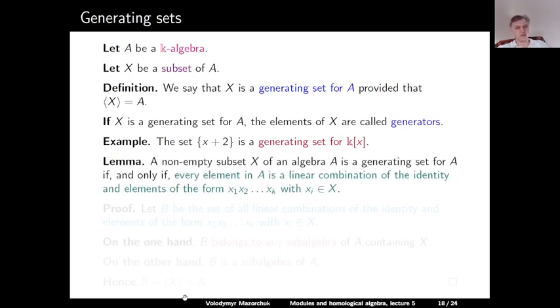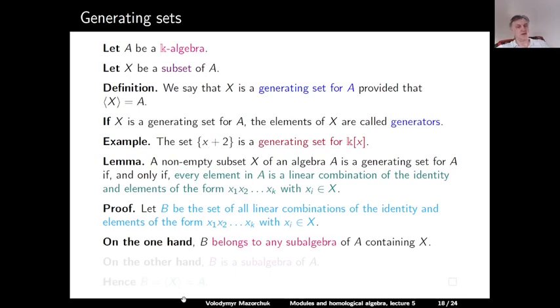And a similar lemma as in the previous cases: a non-empty subset X of an algebra A is a generating set for A if and only if every element in A is a linear combination of the identity element and the elements of the form x1 x2 ... xk, where the xi are in X. Proof: let B be the set of all such elements, all linear combinations of the identity and the elements which are products of the elements in X. On the one hand, B belongs to any subalgebra of A containing X. On the other hand, it is a subalgebra.